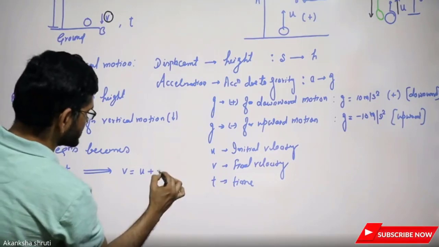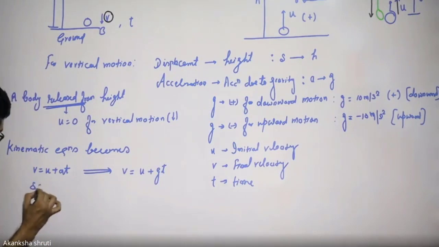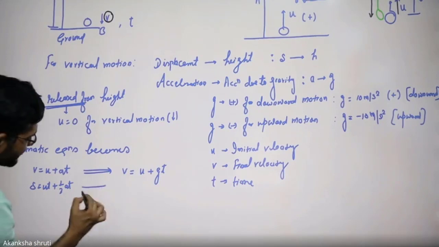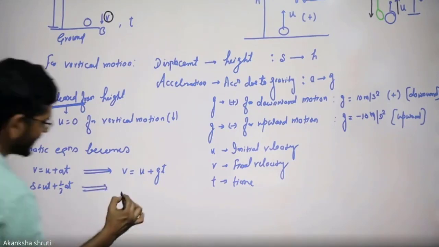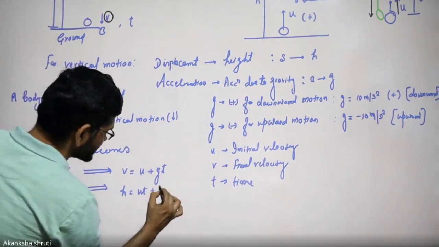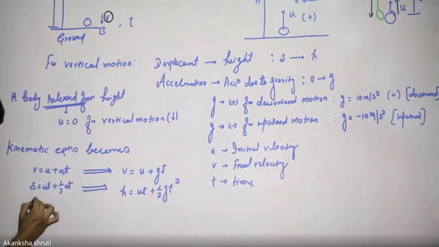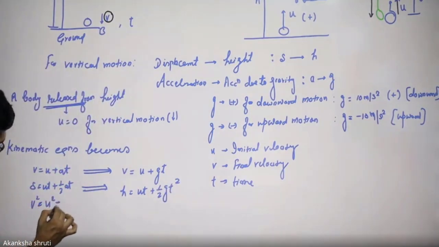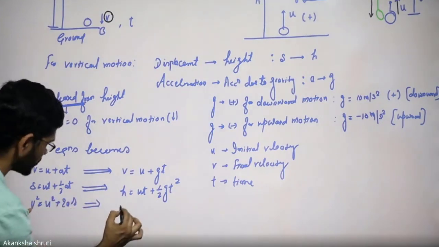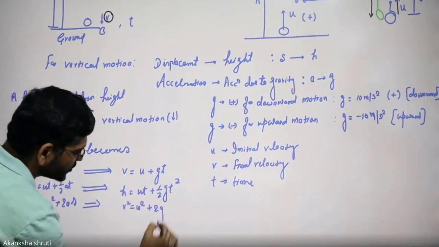For the downward motion, acceleration becomes g, so v is u plus gt. Students, s is ut plus half at square. For vertical motion we denote s by the height, so h is ut plus half gt square. Then v square is u square plus 2as, which turns into v square is equal to u square plus 2gh.